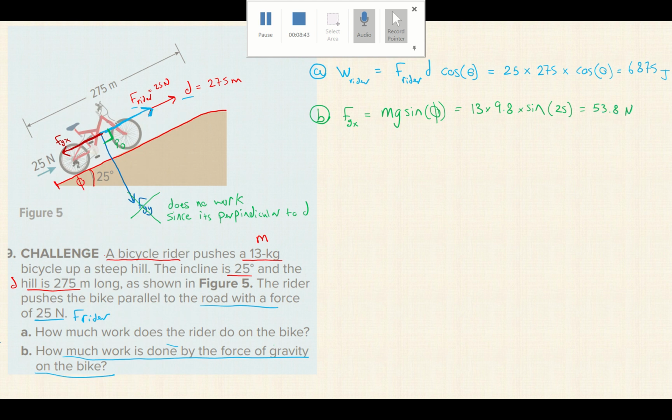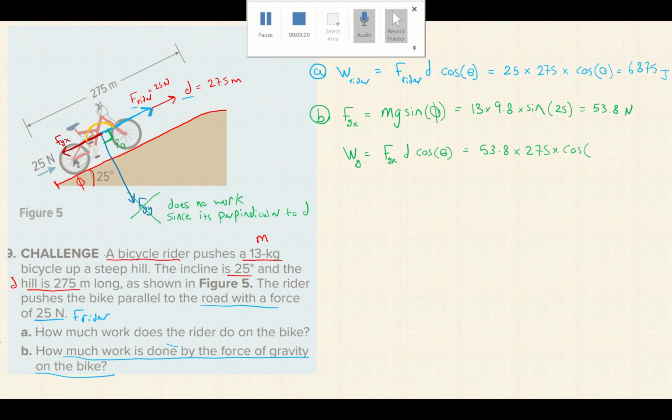Now that we found the force, we can find the work done by the gravitational force by multiplying the x component of the gravitational force, remember it's the only component that does work, times the displacement traveled by the bike times cosine the angle between them. So 53.8 times the distance traveled, which is 275, times cosine the angle between Fgx and D. Now from the image you can see that Fgx is down the incline and the displacement is up the incline.